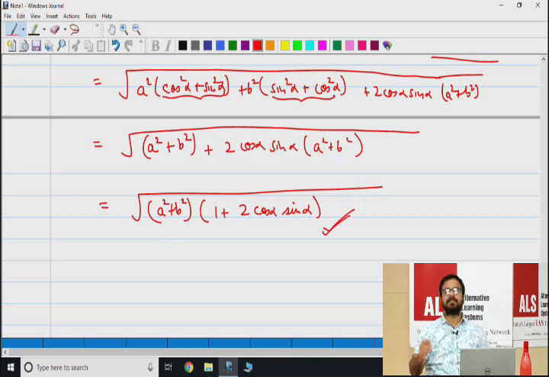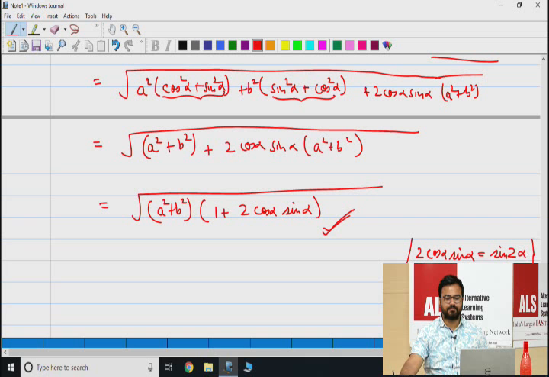And since you are in 10th class, you are not aware of the different formulas of trigonometry, so you can leave your answer up to here. But when you go to the 11th class, you will know that 2 cos alpha sin alpha is also known as sin 2 alpha. But no need to do this now because this is not in your syllabus. So till this point you can leave your answer.